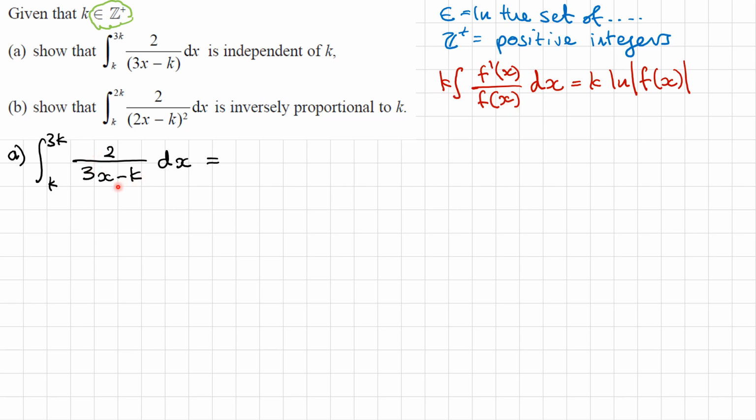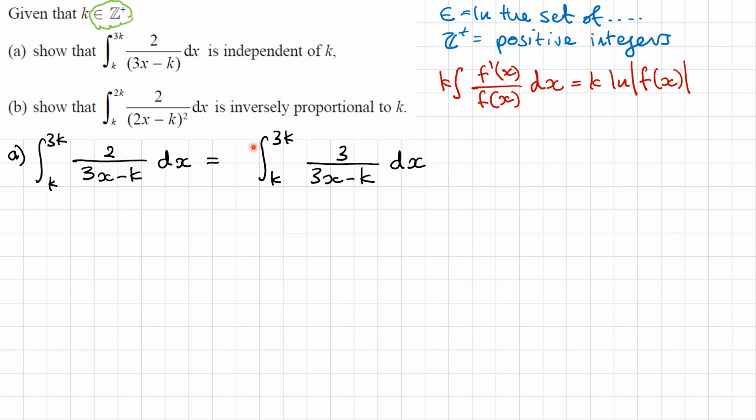So if I differentiate the bottom, what would I get at the top? 3. So we're going to make it look like the pattern. So I'm going to write 3 over 3x minus k. Now it fits the pattern. However, I can't just change the question to a number that I want here because it's a different question.